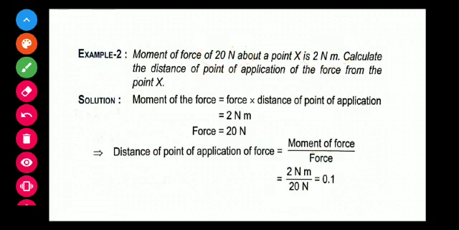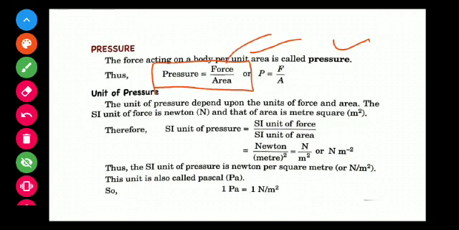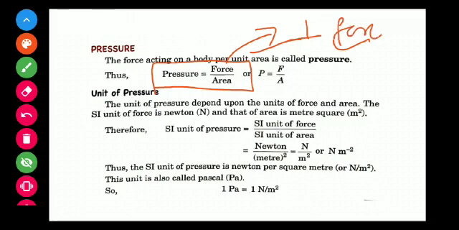Now, next we will discuss pressure. What is pressure? The force acting on a body per unit area is called pressure. Pressure is equal to force upon area, that is, force acting per unit area is pressure, and this force is perpendicular force.